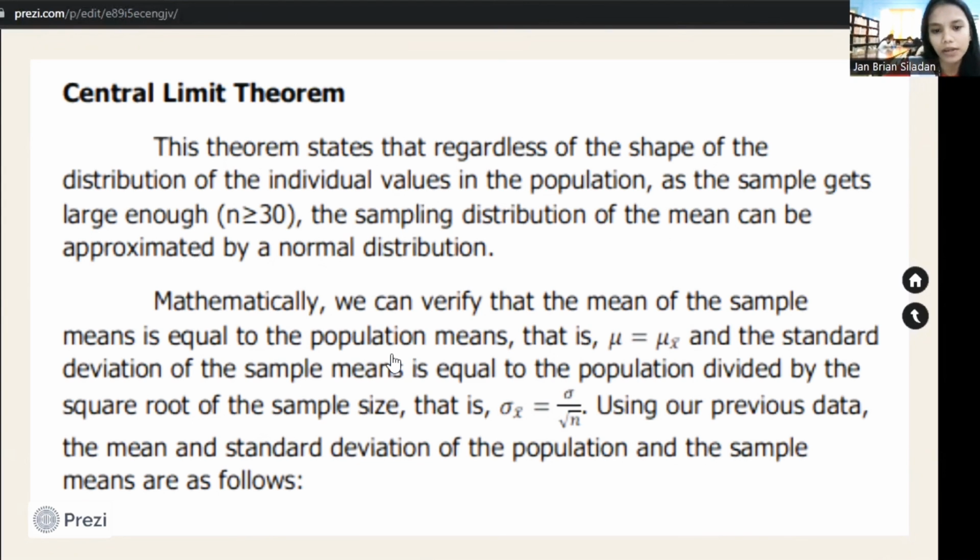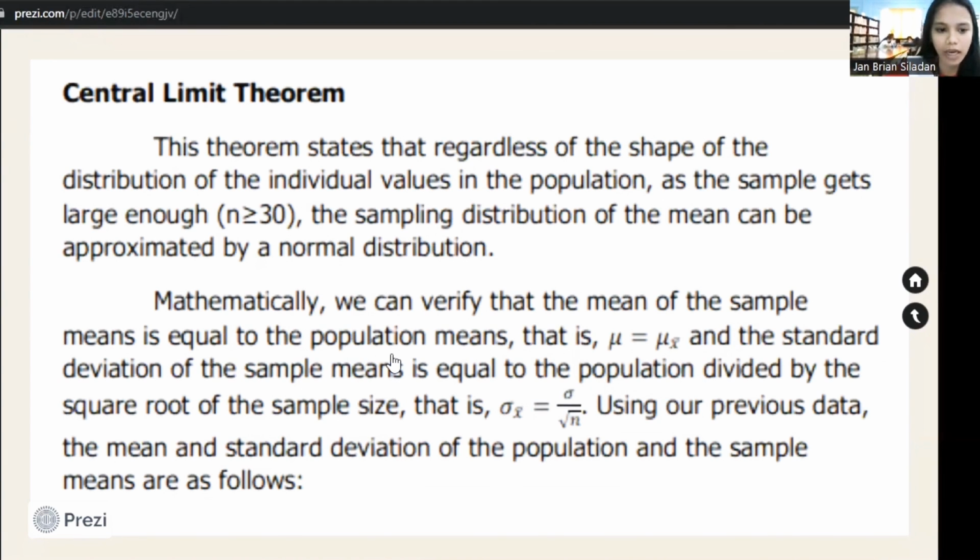Mathematically, we verify that the mean of the sample means is equal to the population mean. That is, mu of x bar is equal to mu, and the standard deviation of the sample mean is equal to the population standard deviation divided by the square root of the sample size. That is, the standard deviation of sample means is equal to the standard deviation of the population over the square root of the sample size.